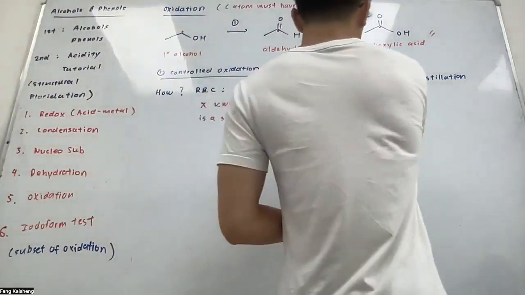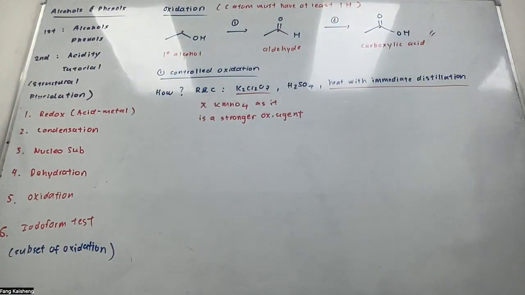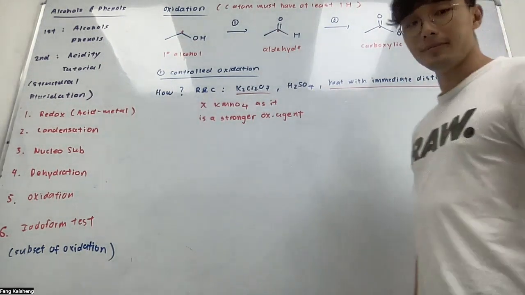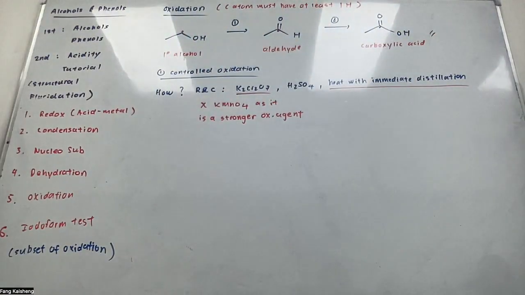But what I really want to discuss is this statement here. Why do you need to distill it immediately? Okay, think about that. Why do we need to distill it? Perhaps before we answer those questions, I hope you all remember what distillation is.